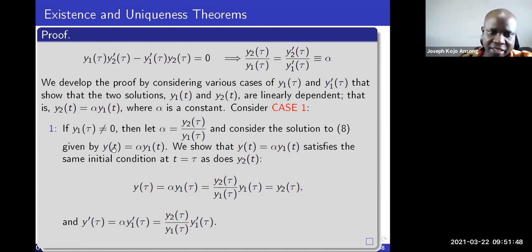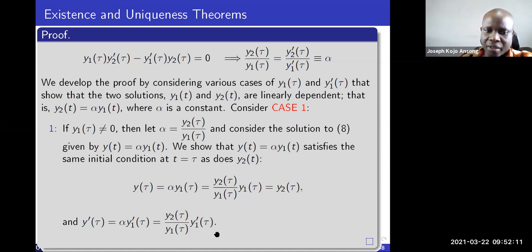The second one is that if I differentiate this, y prime at t is alpha y1 prime at t, and I can plug in tau. If I do that, I get y prime at tau is equal to alpha y1 prime at tau. Again, alpha is y2 at tau over y1 at tau multiplied by this, which gives you this.